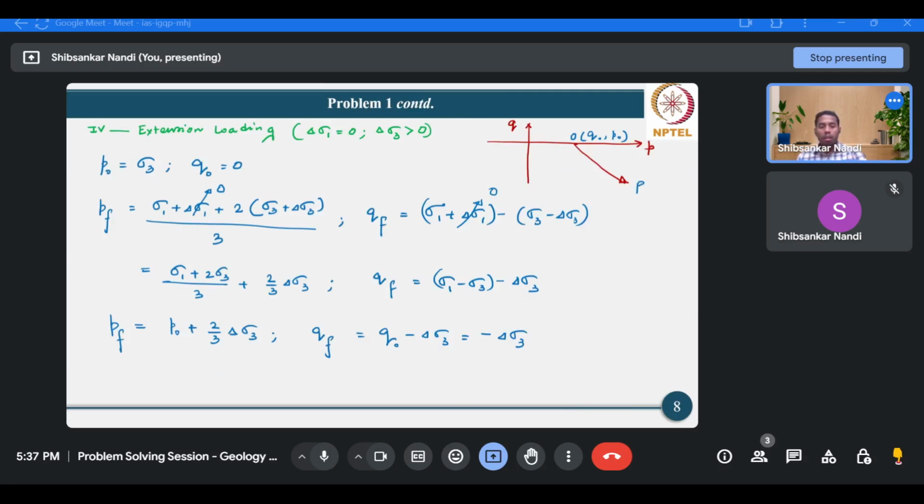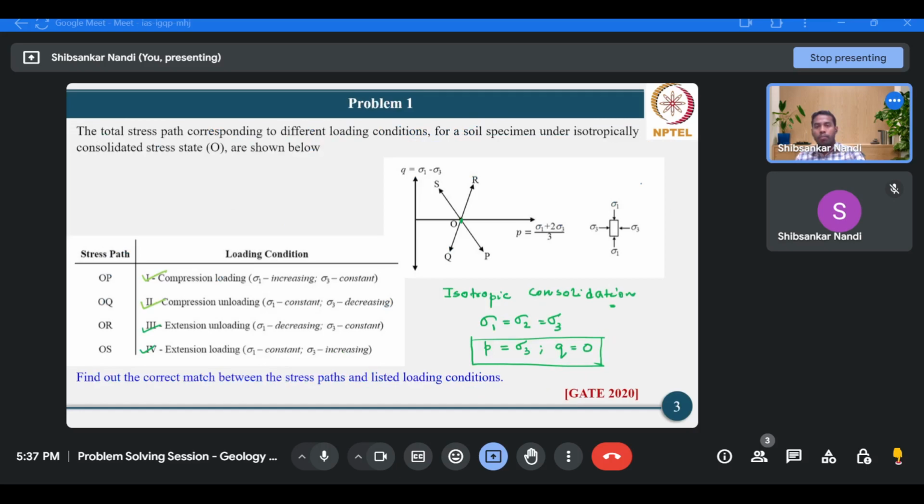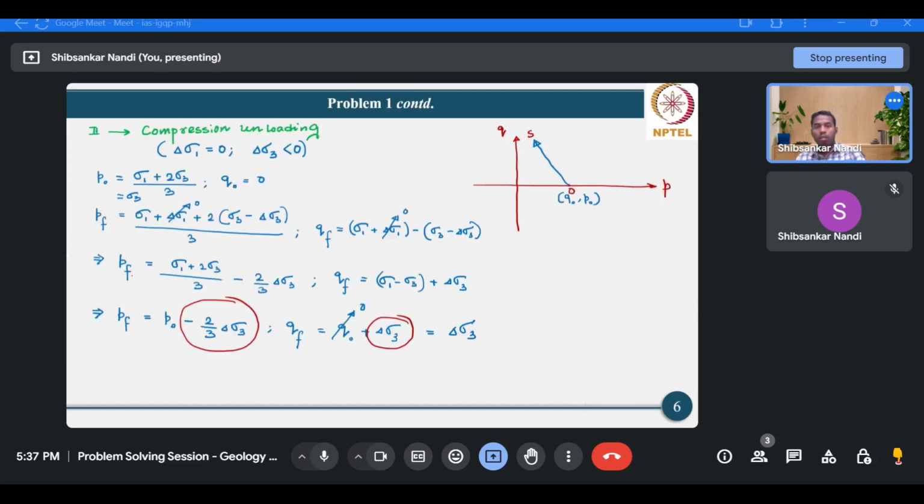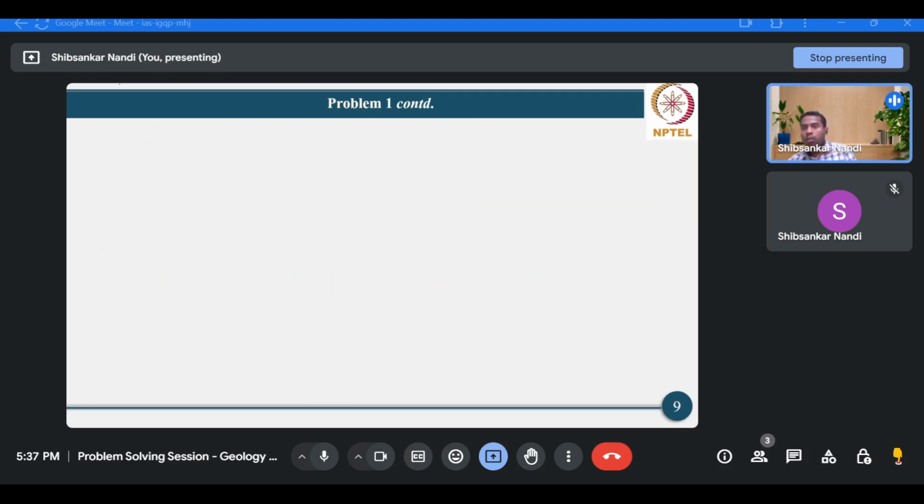Okay, so therefore we can write that case 1 is matching with OR, case 2 is matching with OS, case 3 is matching with OQ, and case 4 is matching with OP.